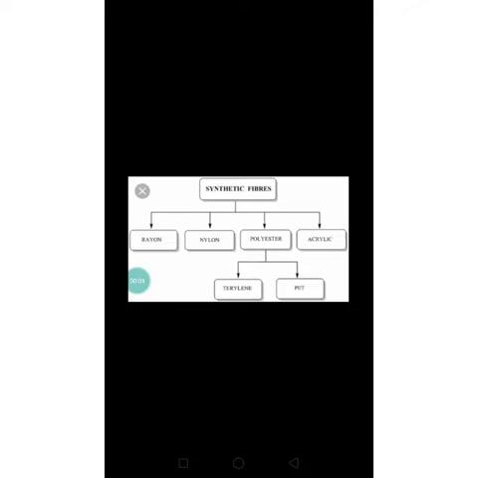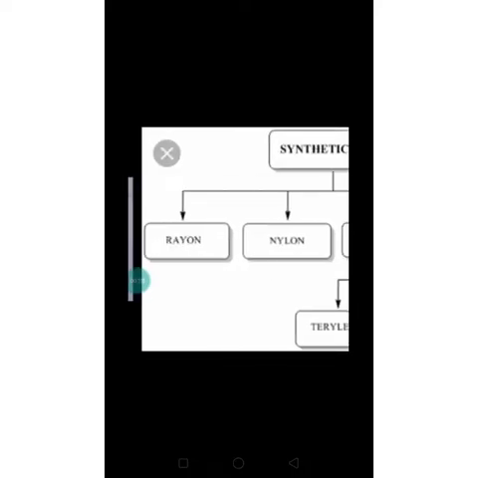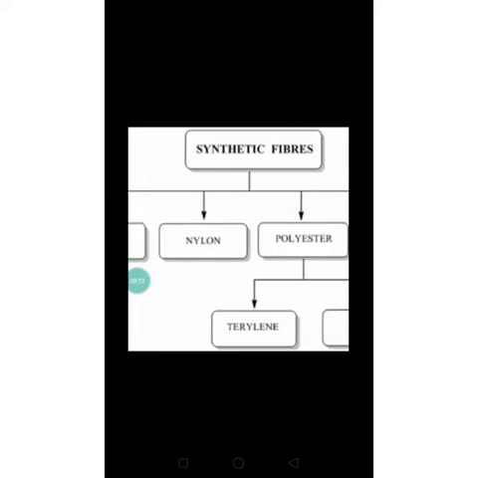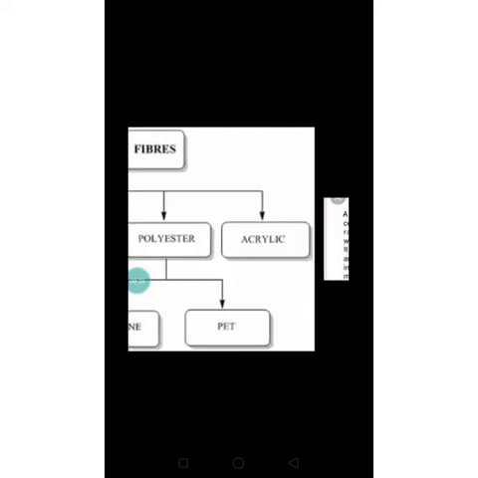In my last video I started a new chapter, synthetic fibers and plastics, which is required for your half yearly. So today I am going to explain the different varieties of synthetic fibers. These are rayon, nylon, polyester, acrylic.